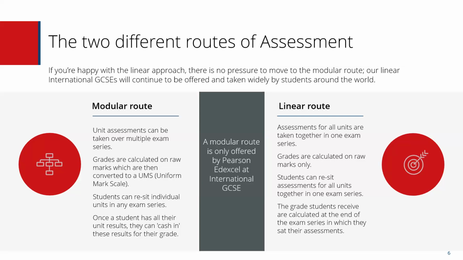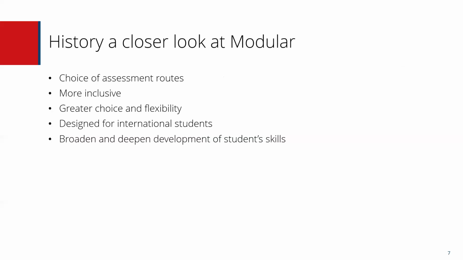Okay, just a quick look there, and these would be in the slides that you can download. You've got the choice of assessment routes. They contain the same content, it doesn't matter whether modular or linear, just the modular approach breaks the journey into 2 units.